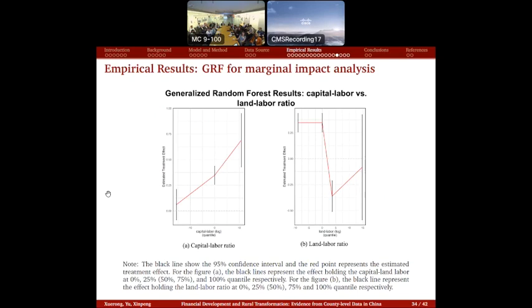However, for the land labor ratio, it starts with a high level. However, when lines become more consolidated, the effects can be negative and it jumps really fast.